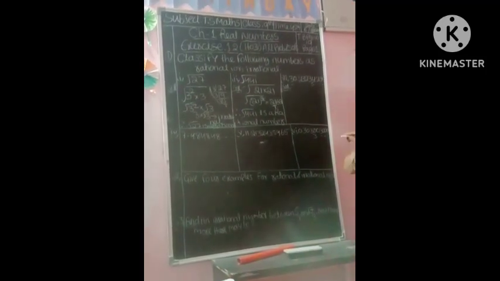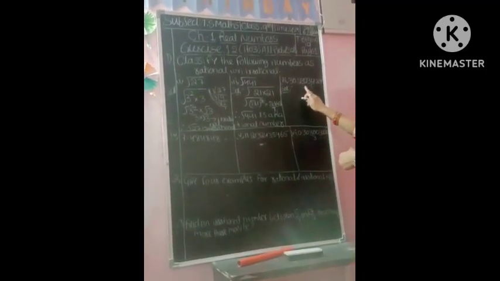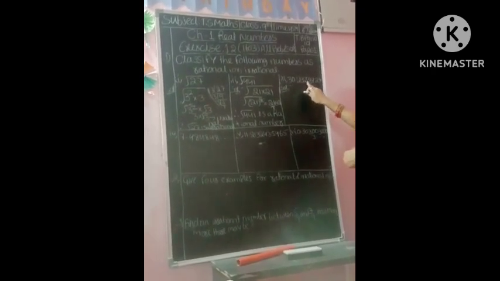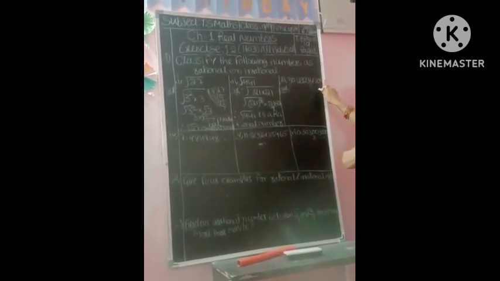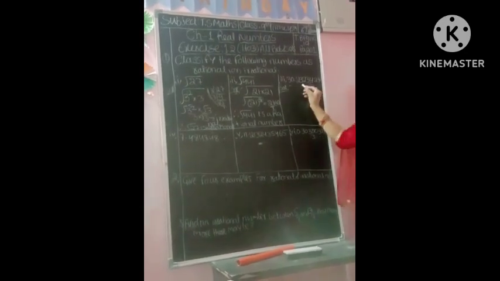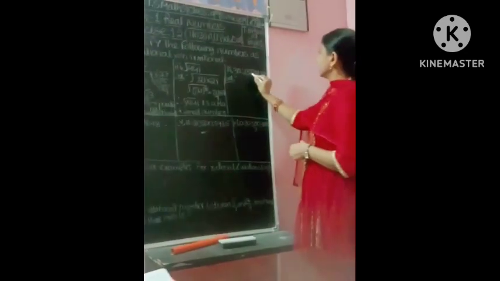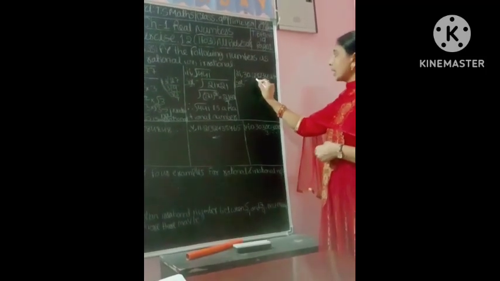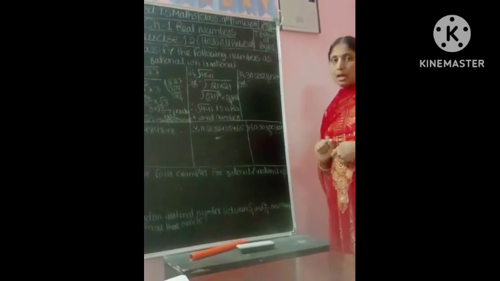The third one is 30.232342345 and so on. Observe the given number here. The digits 23 are repeated, but 42 and the others are all mixed. Is it a terminating or non-terminating decimal?